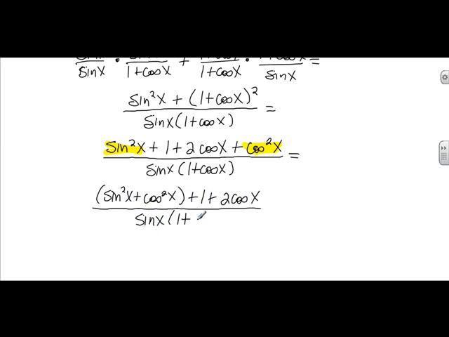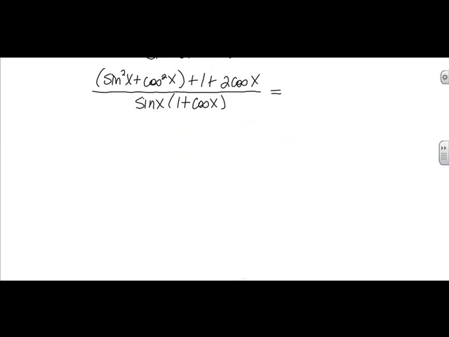So sine squared plus cosine squared is 1. Add that to the other one that's up there, and you've got 2 plus 2 cosine x now in the numerator. And the denominator is sine of x times 1 plus cosine x.